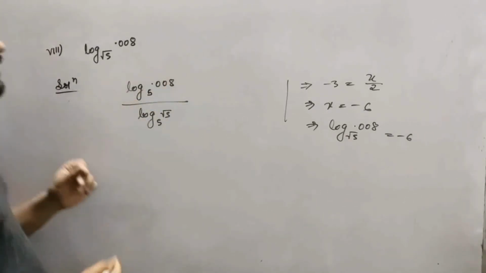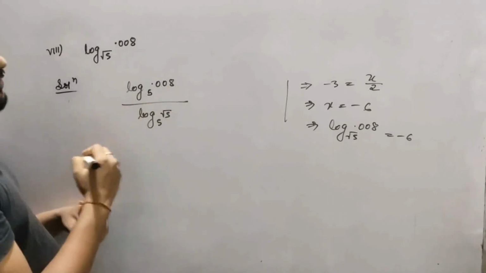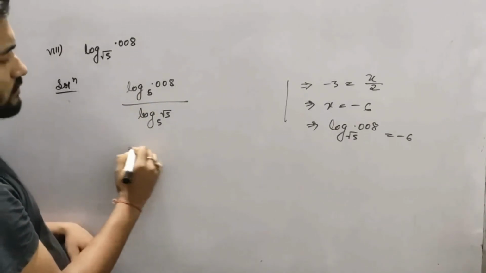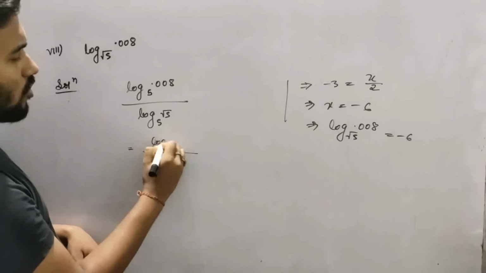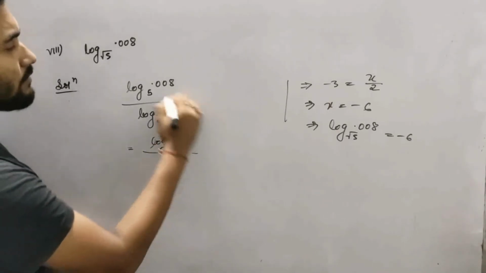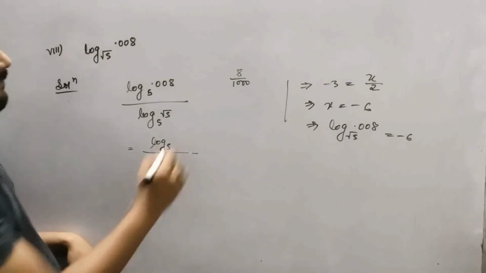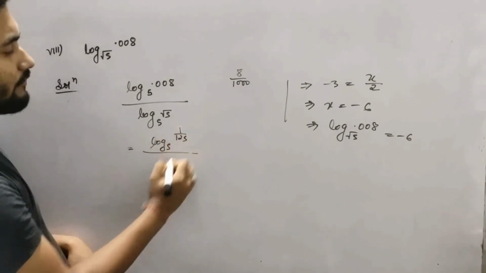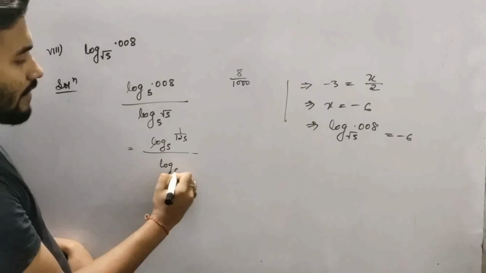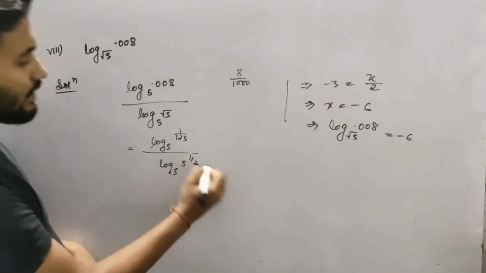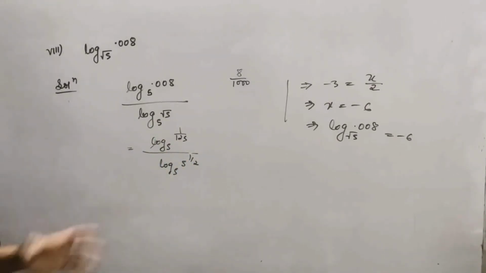Now you know, the rest you can do. 0.008 is 8 by 1000, which is 1 by 125. And over here log root over 5 is 5 to the power 1 by 2. So we are getting the answer this way.